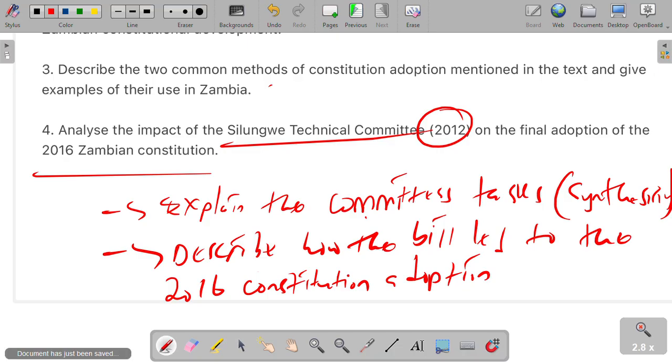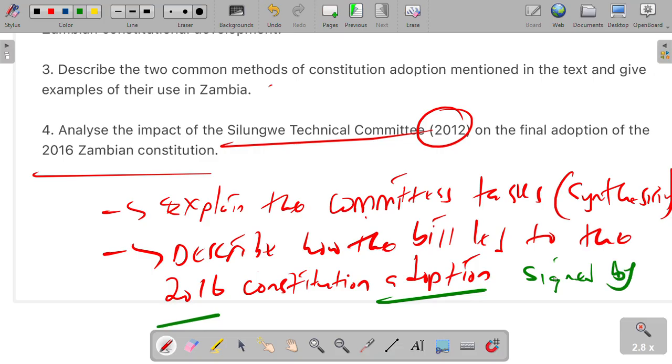So you describe how the bill led to the 2016 constitution adopted by the parliament and signed by President Lungu. Very important here. Very, very important. These points are very, very important. 2016 adoption, then signed by President Lungu at that time.